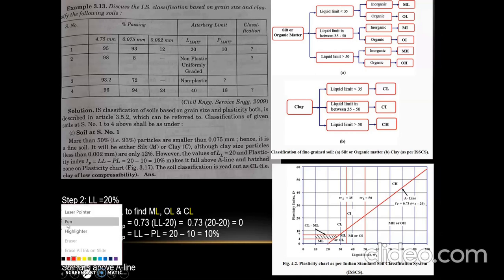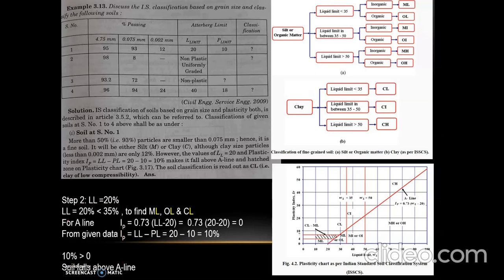So we will have to rule out the other options. That means the soil will not have the second letter as I or H. That means it is not the soil with intermediate compressibility and it is not the soil with high compressibility. Similarly here, we will have to rule out these two options.